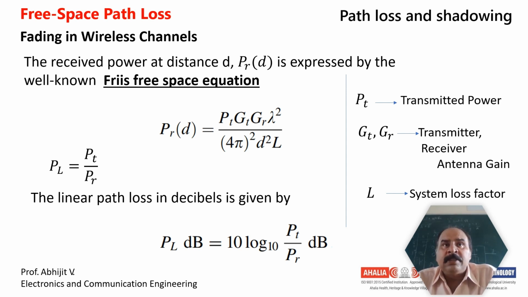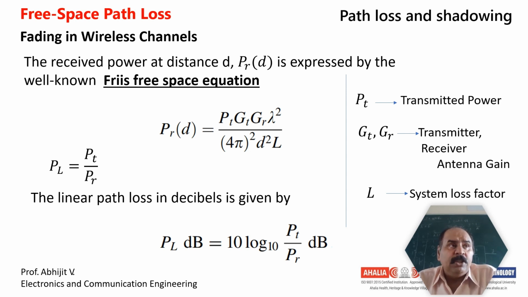In the previous slide, we have seen a graphical representation of the received power at a particular distance in dB. We have three components: free space path loss, shadowing, and multipath loss.